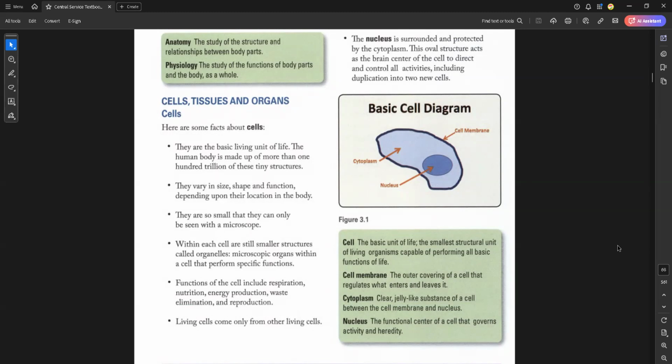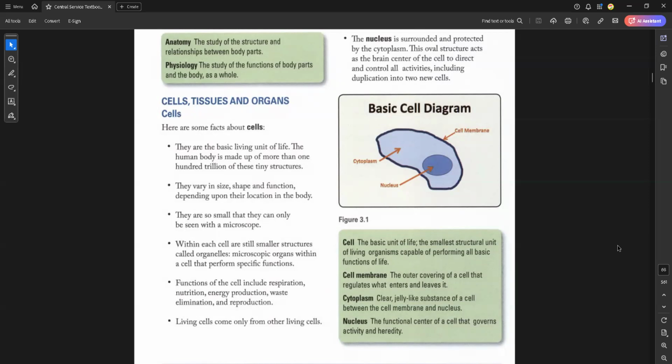The cytoplasm is like a cushion around the cell nucleus within the cell membrane. Now, the cell membrane has passages from where oxygen, when you breathe, goes into the cell, and waste products will also go out. So there are passages around the cell membrane, which is not shown in this picture, but that's how it is.